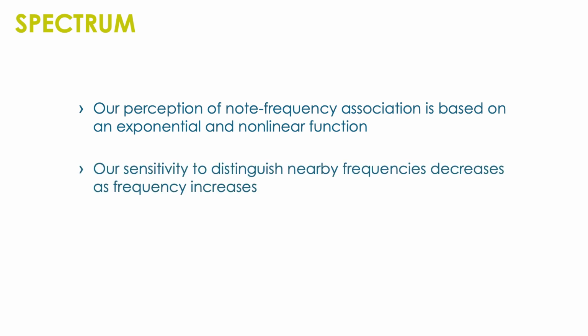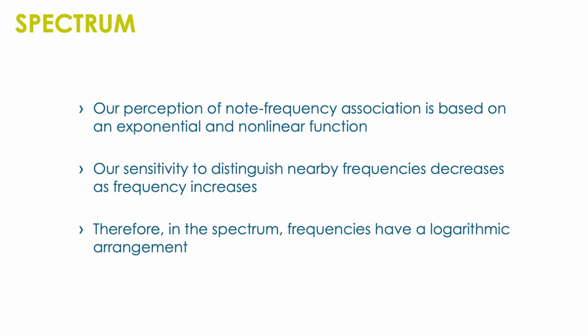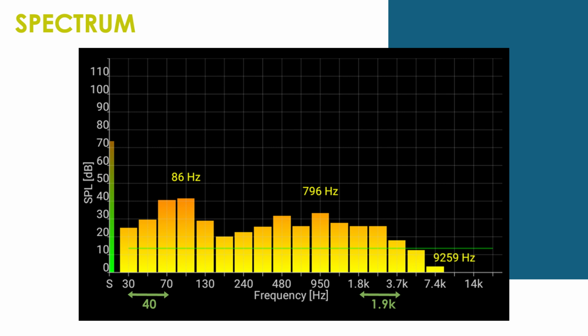Hence, our sensitivity to distinguish nearby frequencies decreases as frequency increases. Therefore, in the spectral representation, frequencies are displayed logarithmically. You can see it in the plot, where the graphical distance between 30 and 70 Hz is the same as that separating 1.8 kHz and 3.7 kHz.